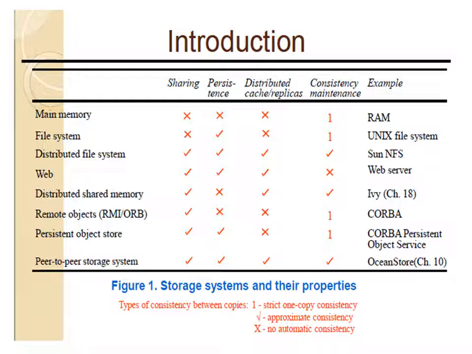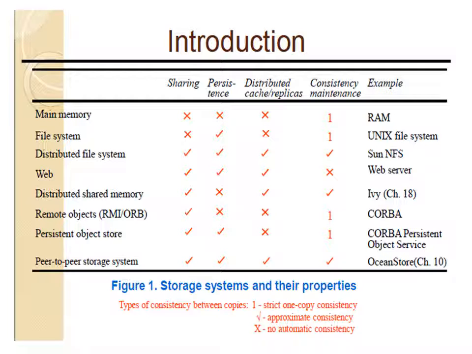So we are discussing here sharing, persistence, distributed cache, consistency maintenance, and an example for each storage system. If you take the main memory, there is no sharing, no persistence, and no distributed cache, and there will be one strict copy of the main memory for consistency maintenance.